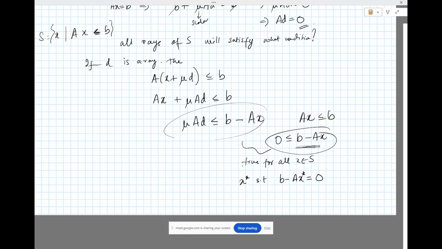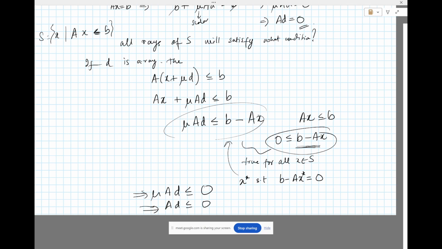And this x star I can substitute back in this. So I get mu AD is then equal to 0. That is applicable for x star only, right?